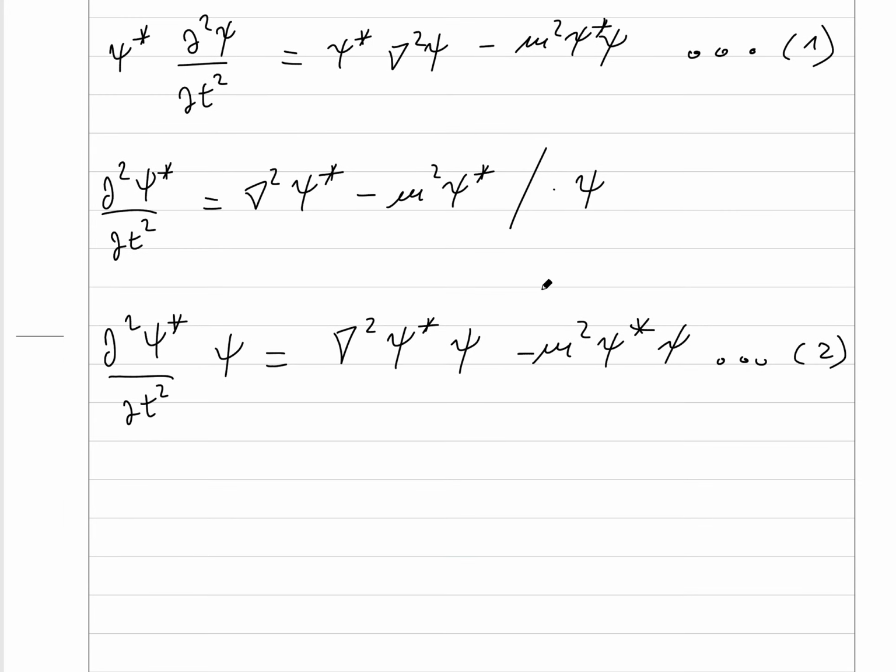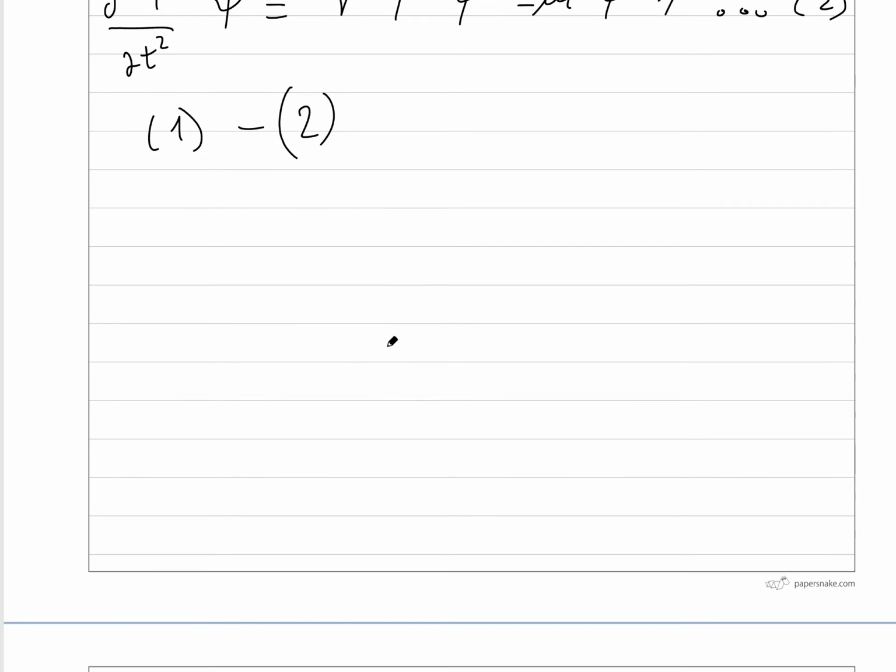Now what we do is we subtract the first equation and the second equation. So basically 1 minus 2, the left side with the left side and the right side with the right one. At the end, I think it is quite simple.